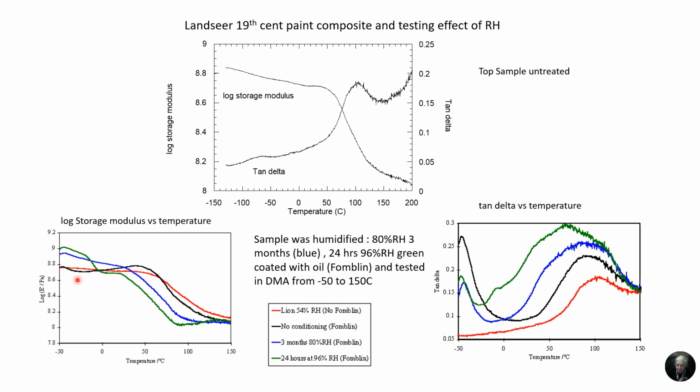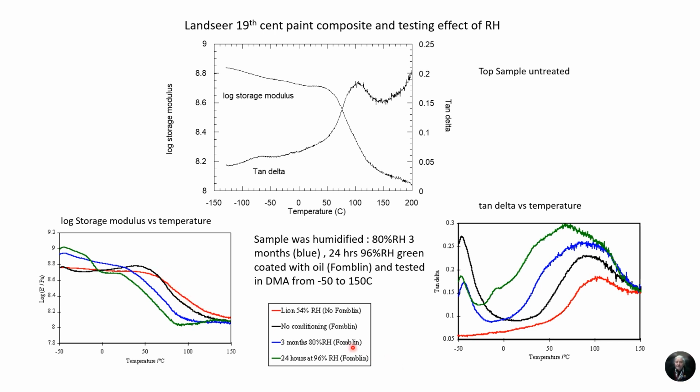And so here's the effect of no conditioning with no formalin, the red is no formalin, and black is no conditioning but with formalin. So this oil didn't make much difference to the measurement.